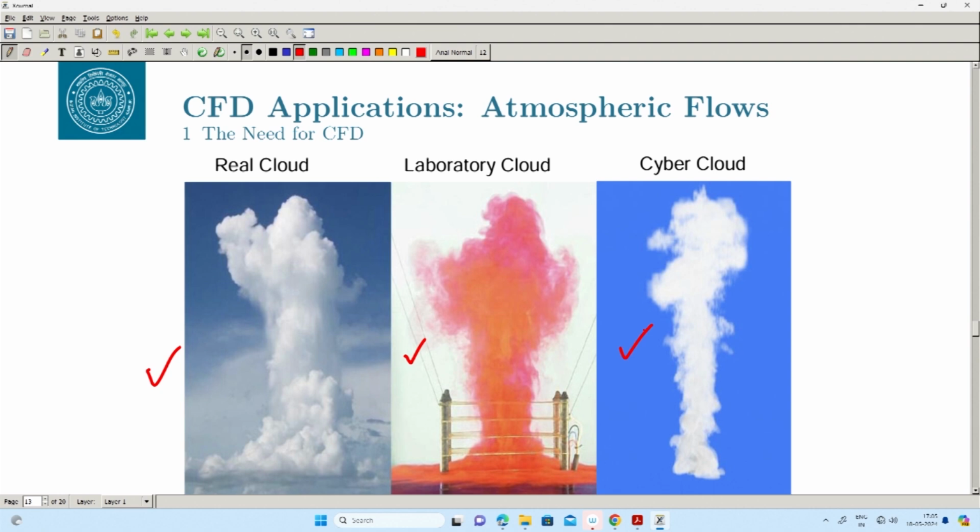This is one system which is quite complicated. It is a kind of diabatic plume which you need to simulate, and you can see that the CFD model, in this case the DNS model, is able to replicate the growth of the cloud and also the shape of the cloud in a certain manner, right.